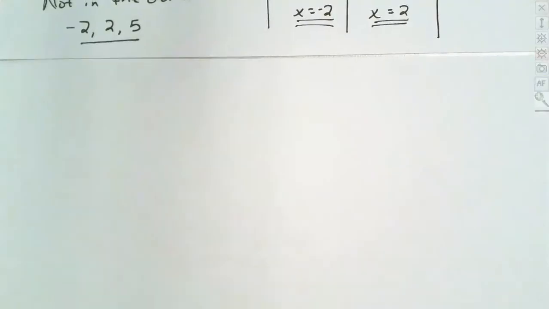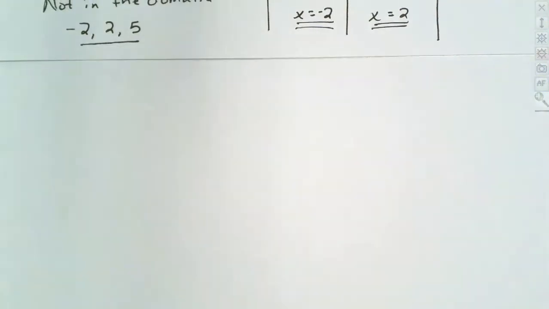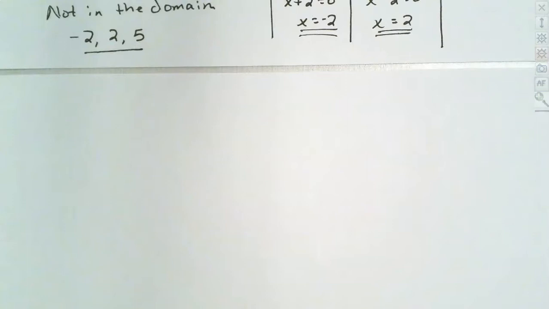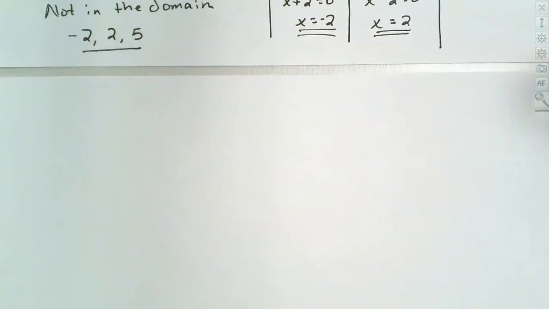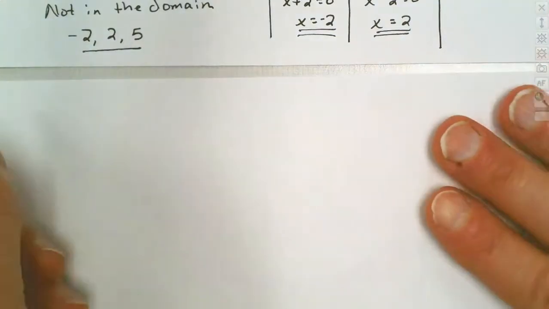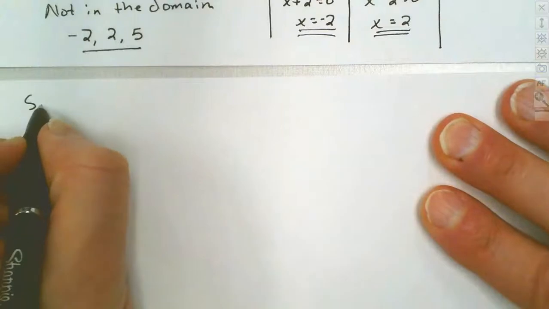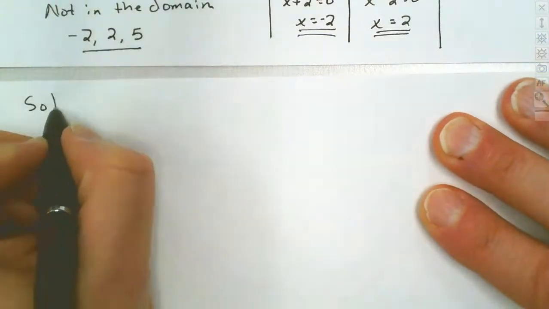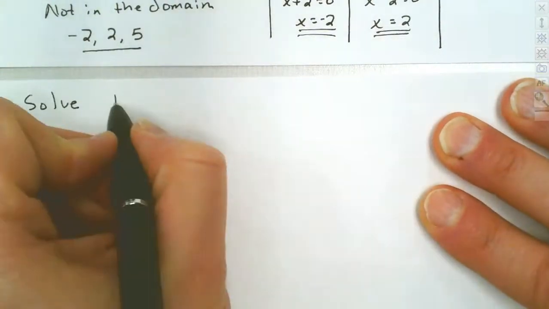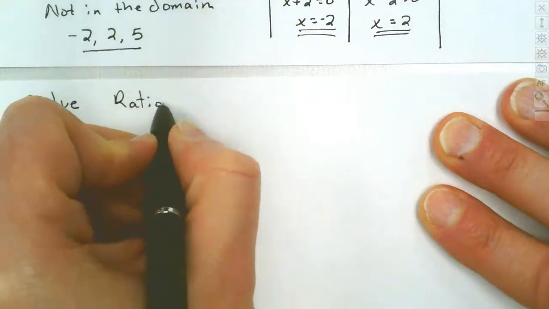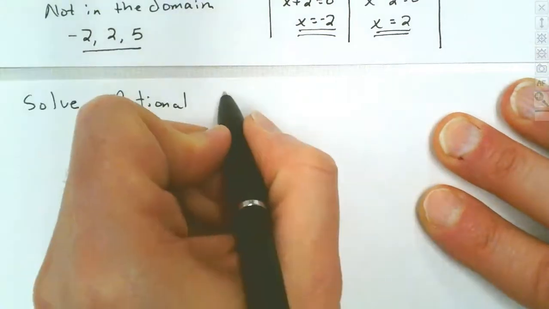Now we're going to learn how to solve some of these. And there's a step-by-step procedure to solve these rational equations. And rational equations are just equations that involve fractions. So here's our step-by-step procedure, and we're going to be solving rational equations.